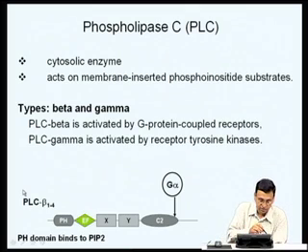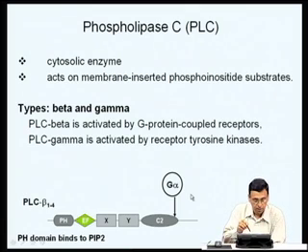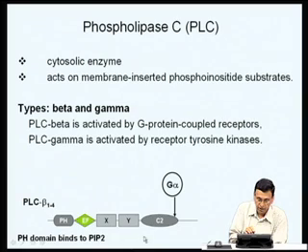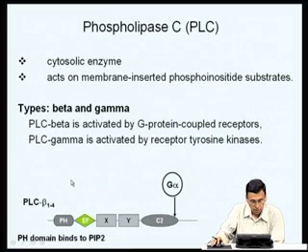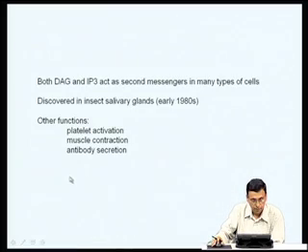So, these are the various structural domains of phospholipase C beta. As far as the regulatory point of view, it is the C2 domain which actually interacts with the G alpha subunit of the GTPase, and the PH domain actually binds to the PIP2, phosphatidylinositol bisphosphate.